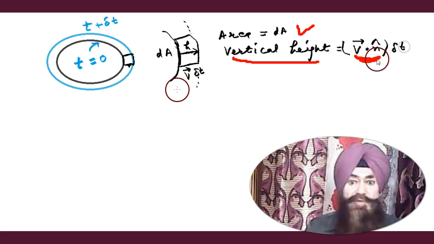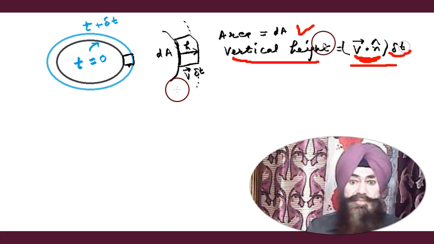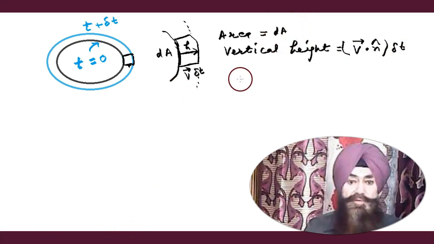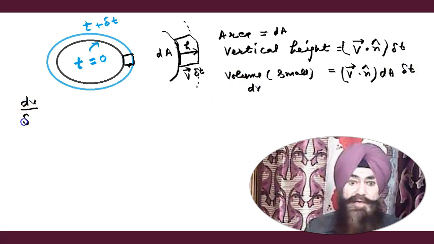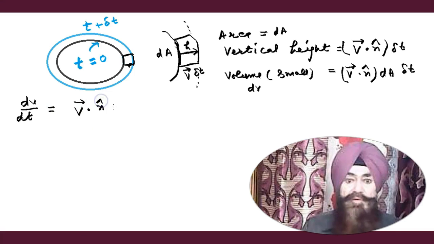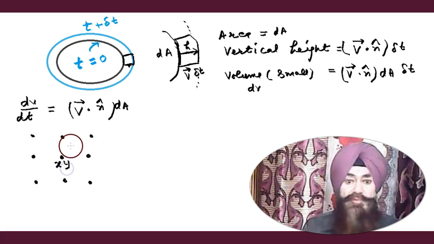The perpendicular component of the velocity multiplied by time becomes the distance, and this is the area. Volume becomes the volume of one element. Now dt is taken to the left hand side. So this is the rate of change of volume of one element.